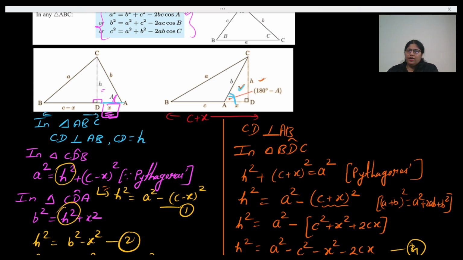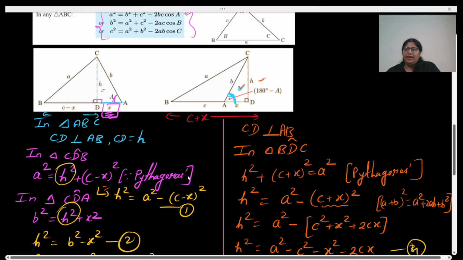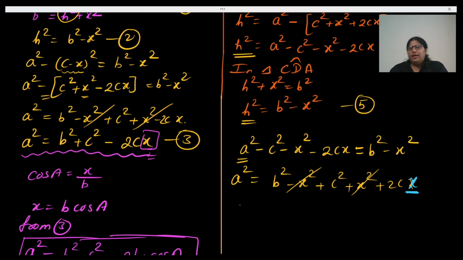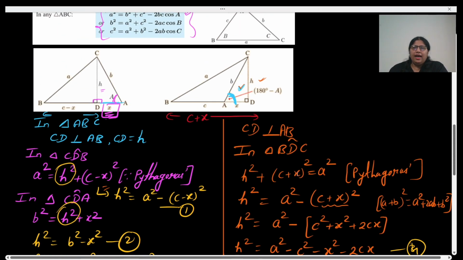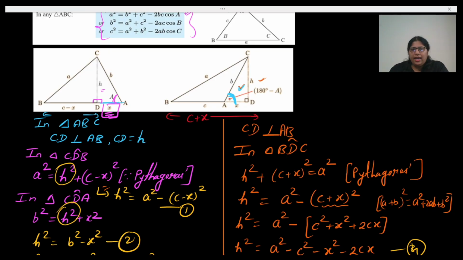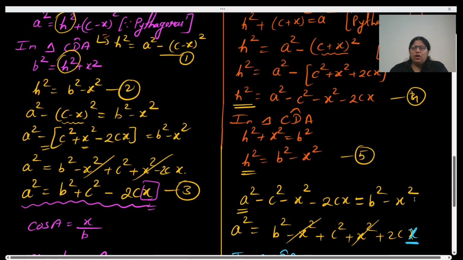So if I'm talking about this angle, which is 180 minus A, in triangle CDA, I am going to consider again angle A, which is 180 minus A, and again adjacent by hypotenuse. So how do we get it here?